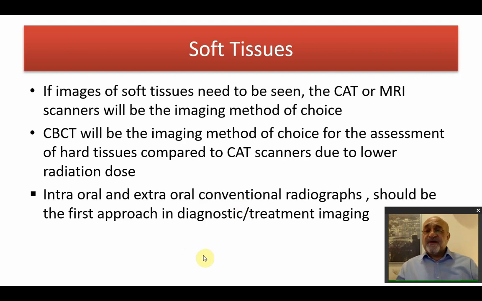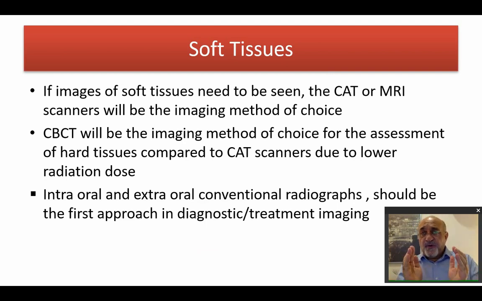Intraoral and extraoral conventional radiographs should be the first approach in the diagnostic and treatment imaging. If a patient needs any kind of treatment, we would advise that your first line of X-ray examination is the intraoral X-ray.